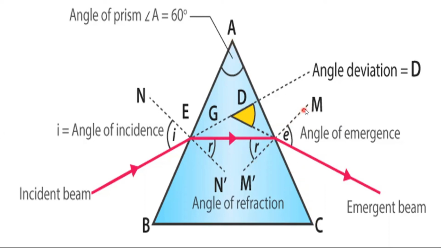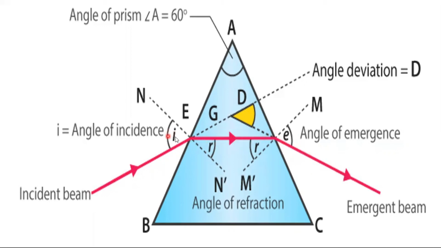Since it is moving from optically denser to optically rarer, it moves away from the normal and finally emerges out. So originally this ray was moving in this straight line path, it has deviated to this refracted ray, and then finally emerges from this other face. That is why this ray of white light was deviated from its original path.